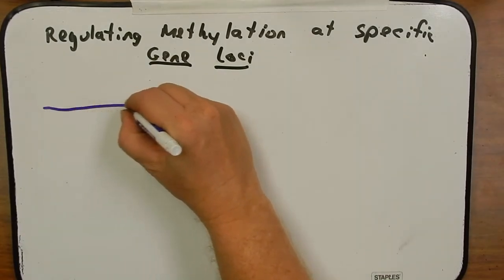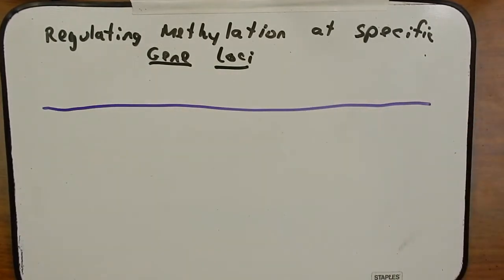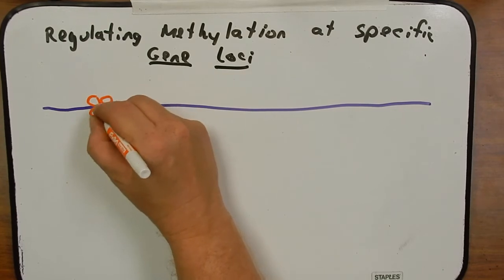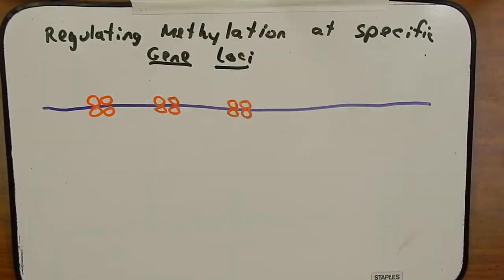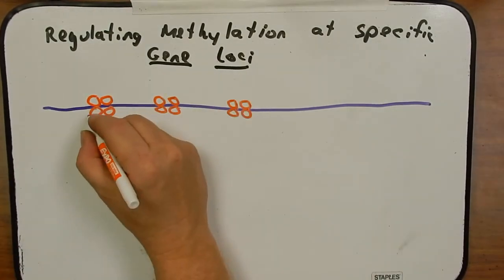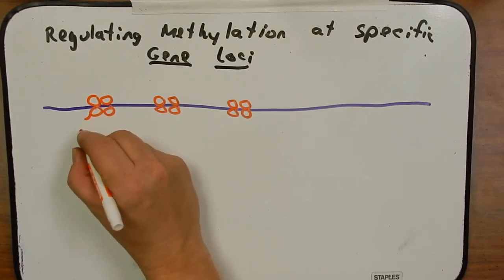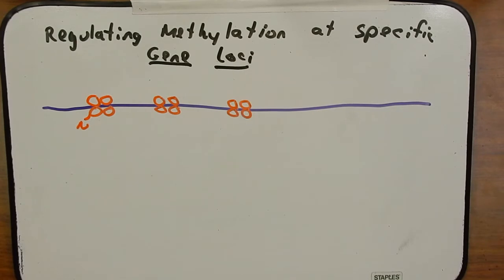And so let's draw our DNA here. I won't draw it as a double helix like I usually do. I want to draw here some histones on this DNA, like so. As we look at these histones, remember they're like any other protein. They have an N terminus and a C terminus. And on this N terminus of these histone proteins, they have an interesting property.